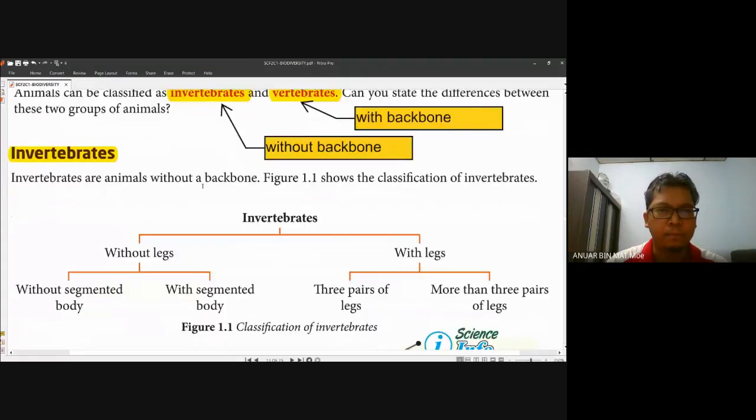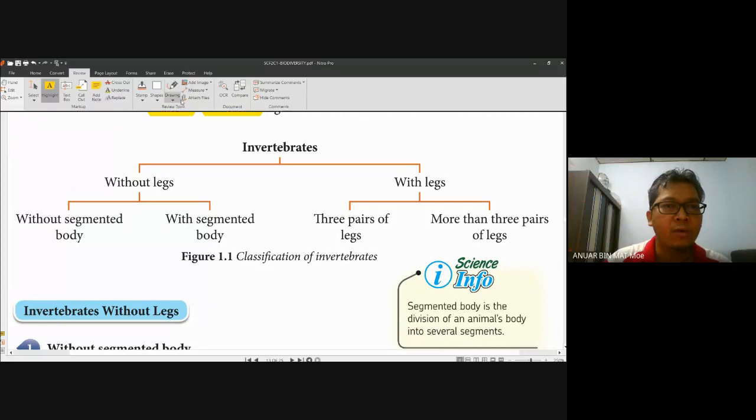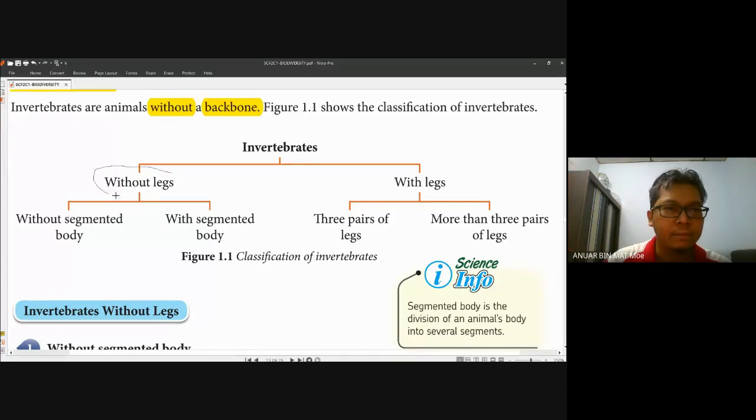Like I said earlier, invertebrates are animals without a backbone, and then we can further classify invertebrates into several characteristics. The first one is without leg, and then the second group of invertebrates is with the leg.